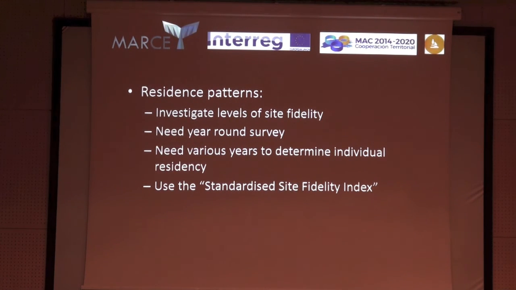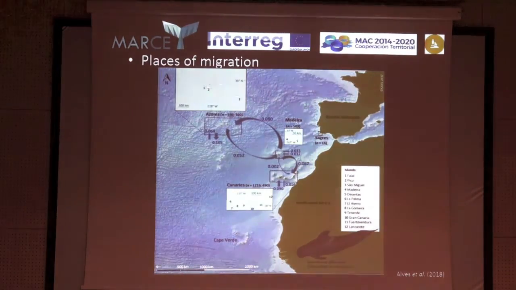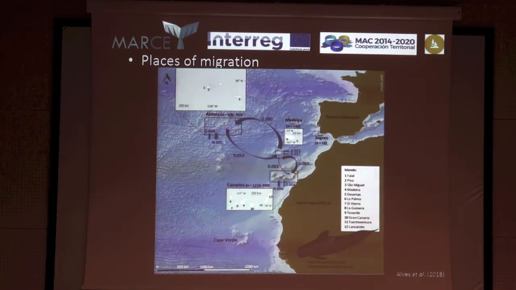There is now a standardized site fidelity index being developed to have something more comparable between areas. Again, this is an example of short-finned pilot whales. Regarding places of migration, catalogs were made in the Azores, Madeira, and the Canaries, and they looked at how individuals were seen in different places.